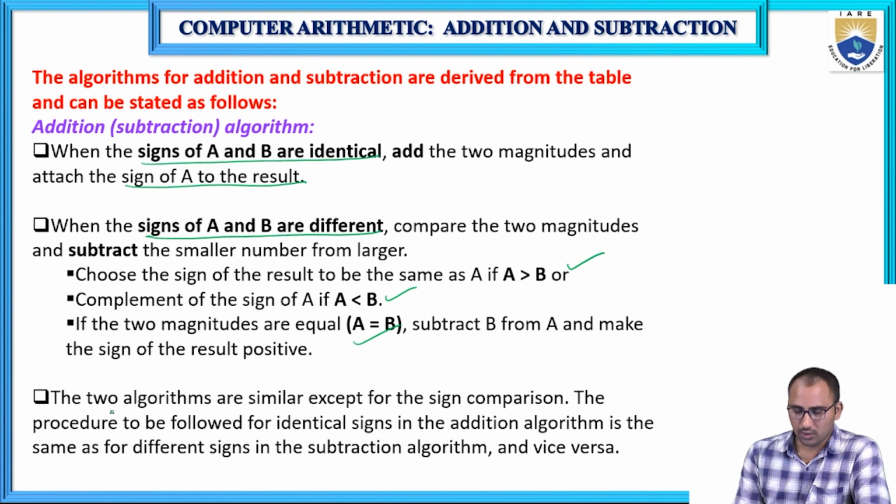The two algorithms are similar except for sign comparison. The procedure to be followed for identical signs in the addition algorithm is the same for different signs in the subtraction algorithm, and vice versa.